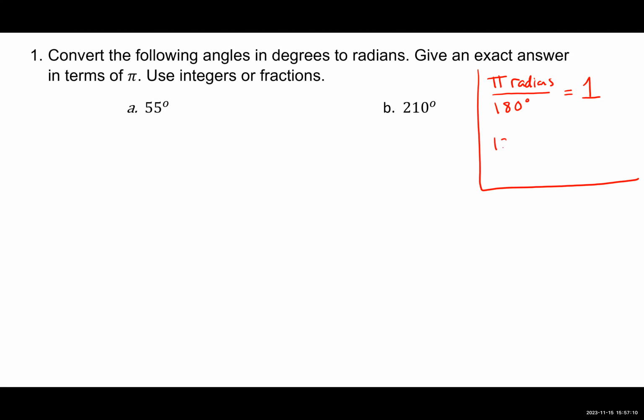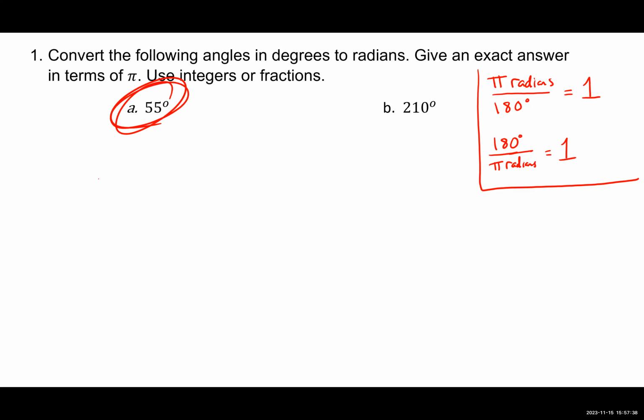And 180 degrees over pi radians is equal to 1. You are allowed to multiply any number by 1 without changing the number, right? Any number times 1 is equal to itself.